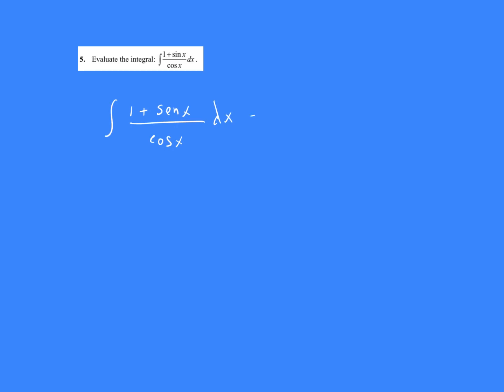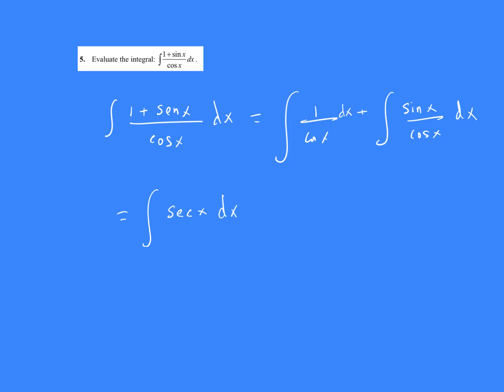So if we split the numerator, it will be the integral of 1 divided by cosine of x plus the integral of sine of x divided by cosine of x dx. So this is the integral of secant x, secant is the reciprocal of cosine of x, dx, plus the integral of tangent x dx.